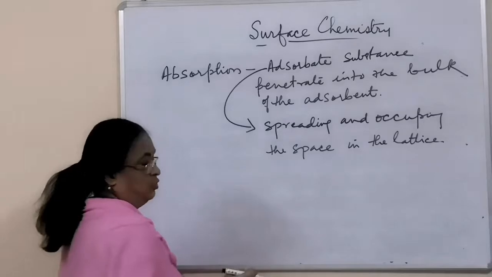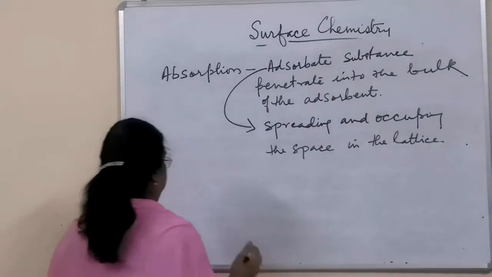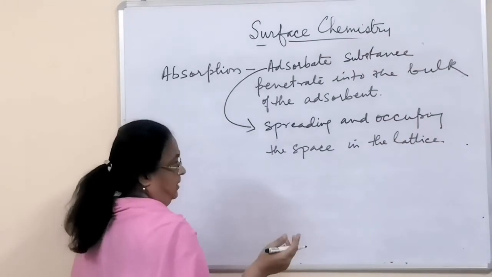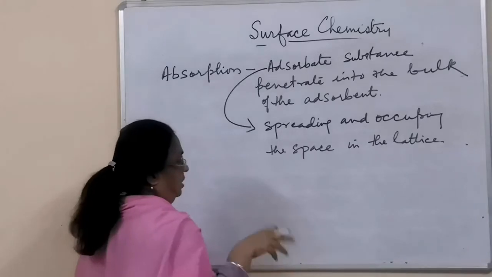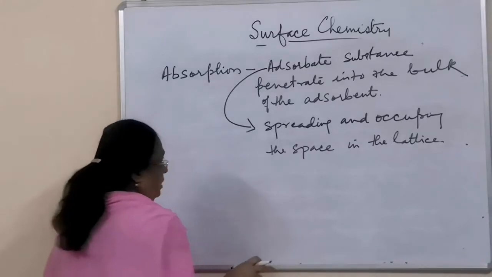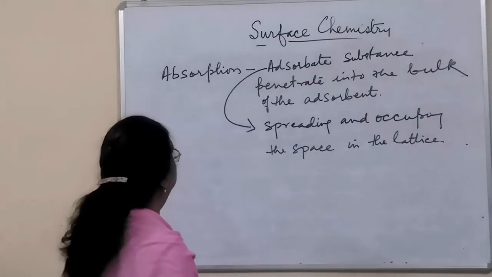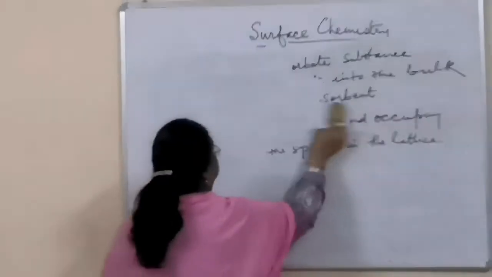Example one I gave you, chalk stick dipped in ink, and you can take another very common example, ammonia dissolved in water. Ammonia is thoroughly going inside the water and penetrating there. Many other examples of absorption you can get in your book.